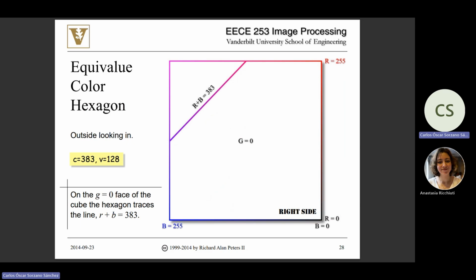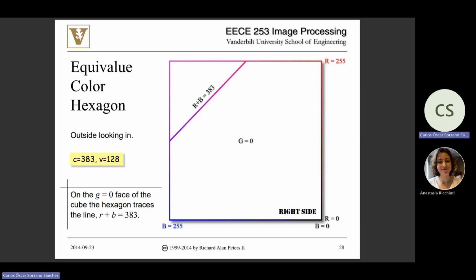The constant is 383. So it will be R plus G plus B equal to 383, but G is 0, so it is R plus B. Okay, so it is this line, and this line goes through this mixture of colors.